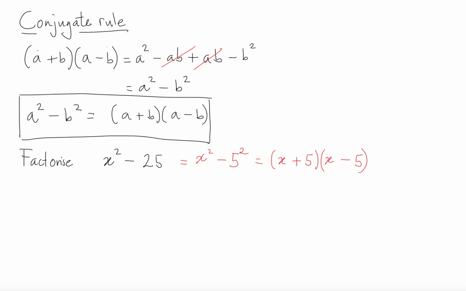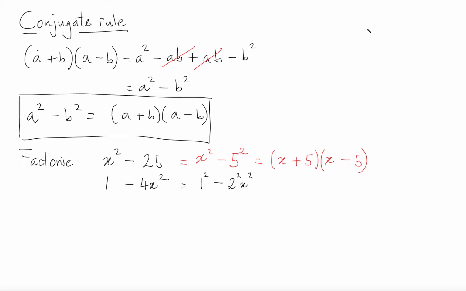Let's have a look at another example. 1 minus 4x squared. A bit trickier here. So, is 1 a square? Well, yes it is, because 1 times 1 is 1, or 1 squared equals 1. So that is just 1 squared. Is 4x squared a square? Well, 4 is the square of 2, 2 squared, and x squared is the square of x. So we've replaced 4x squared with 2 squared x squared.